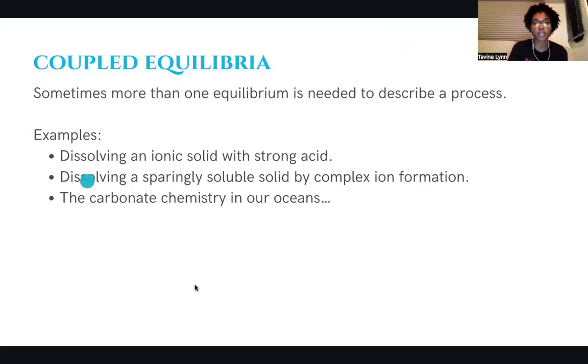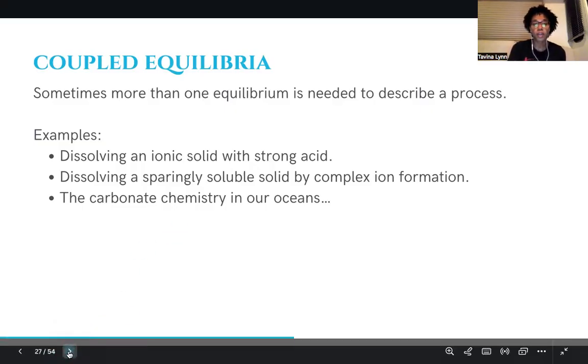These are the three examples that we're going to look at: how we can dissolve an ionic solid with a strong acid, or dissolve a sparingly soluble solid by using complex ion formation. And then we're going to look at an example of coupled equilibria in our environment, specifically in the oceans.